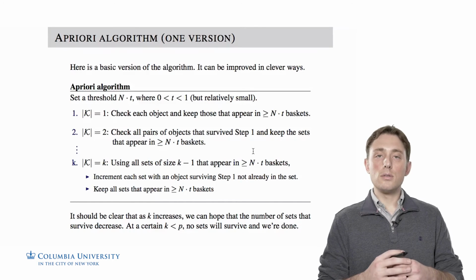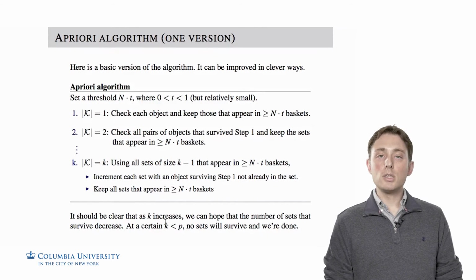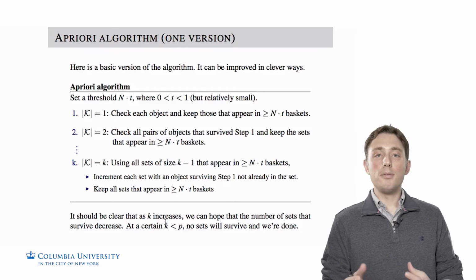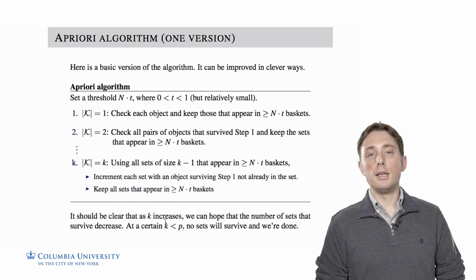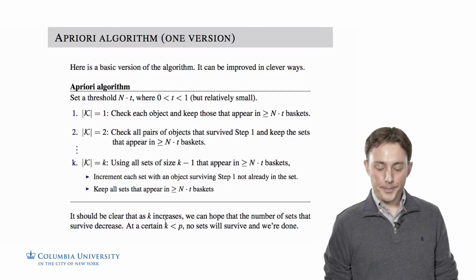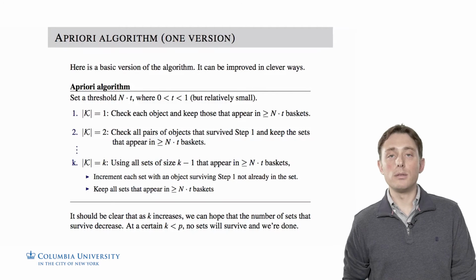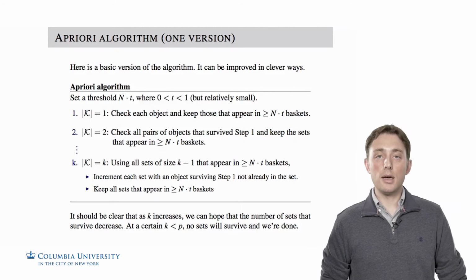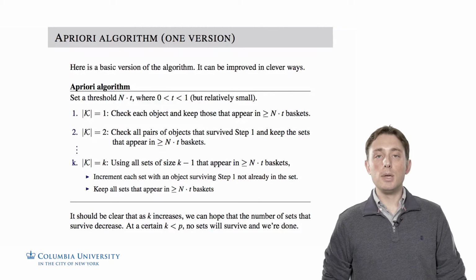So at a certain value k, much less than p, we're not going to be able to find any subset of that size that occurs in more than n times t of the data points that we have. At that point, we're done. We don't need to check any sets of size larger than k, because we know that they can't exist.